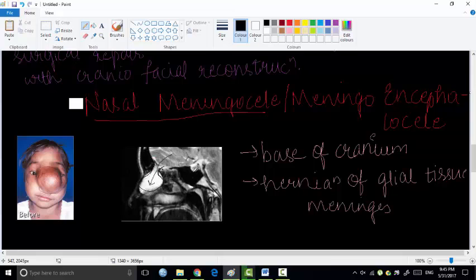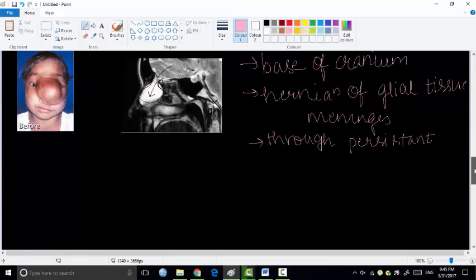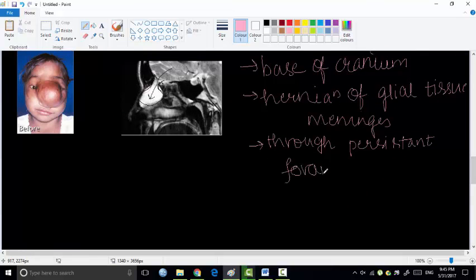So where does the herniation occur? This herniation generally occurs in those areas where there are some persistent openings. For example, it may occur through persistent foramen cecum, or any other natural opening, right?